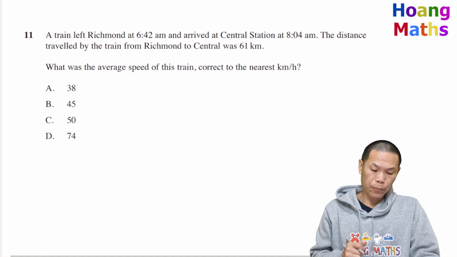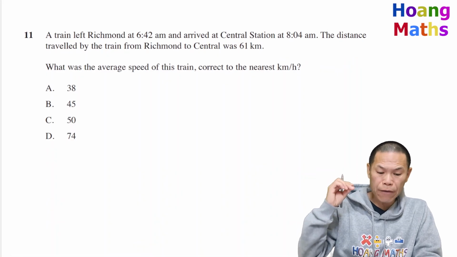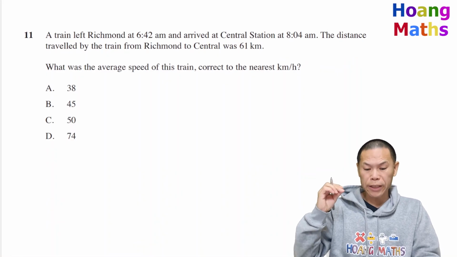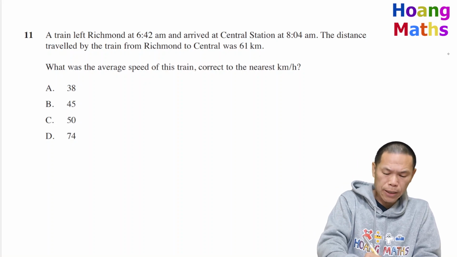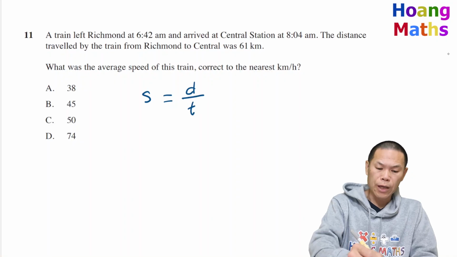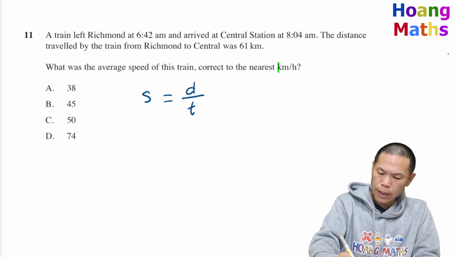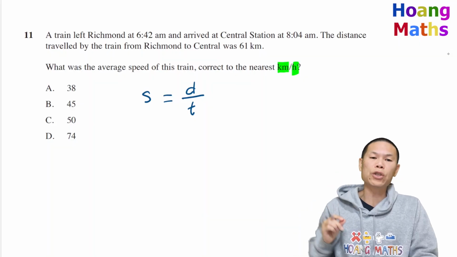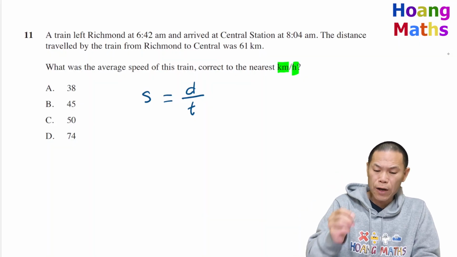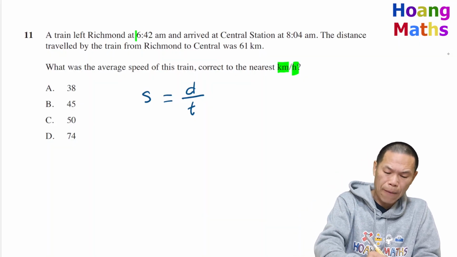Question number 7. So we need to work out the average speed of this train in kilometers per hour. So we know that the speed S is distance over time. Now, if you're not sure, see, kilometers over hour, so that means distance over time. So we work out the time first.